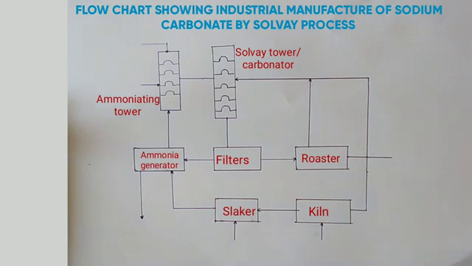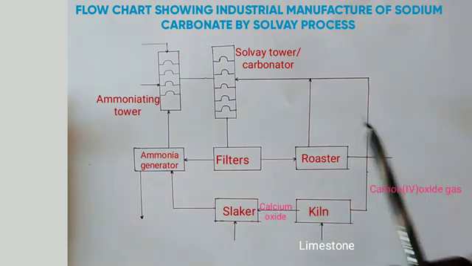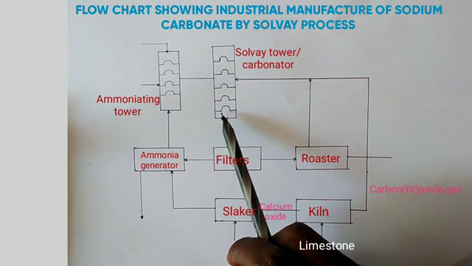So the raw materials we mentioned earlier on: limestone enters the kiln here, where it is decomposed to form calcium oxide, which is pumped to the slacker, and carbon dioxide, which is pumped to the carbonator of the Solvay tower.